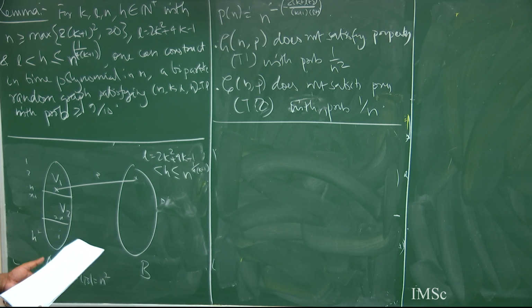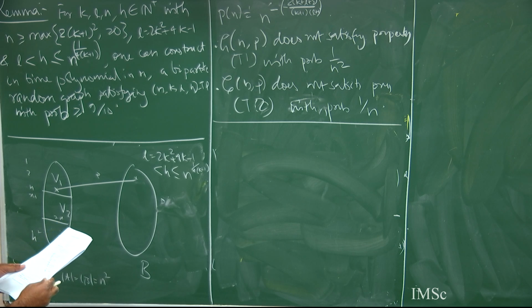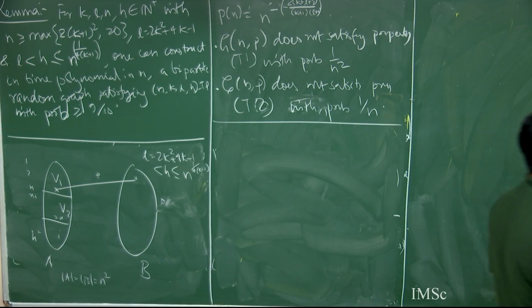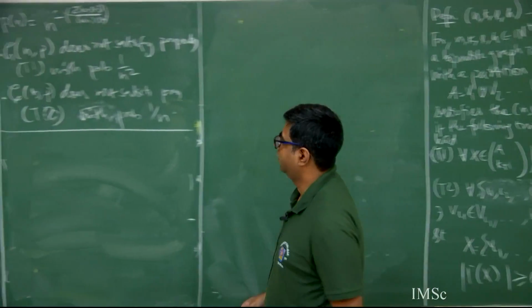For all x, this is less than or equal to L, right? It does not satisfy means some x which has at least L plus 1 neighbors. That's it.